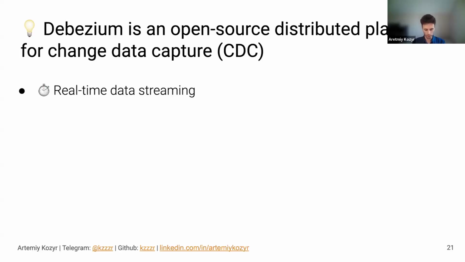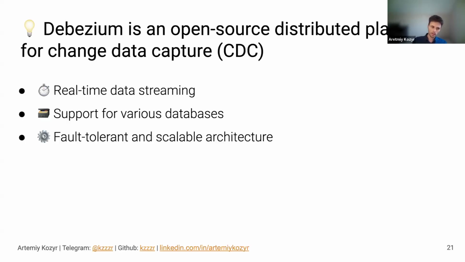So let's name the core features. First of all, it's real-time data streaming from your source databases. And it supports multiple types of databases. The most popular ones are in the list: Postgres, MySQL, Microsoft SQL Server, MongoDB.